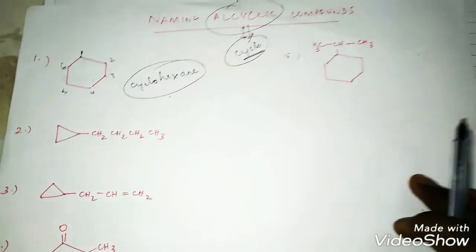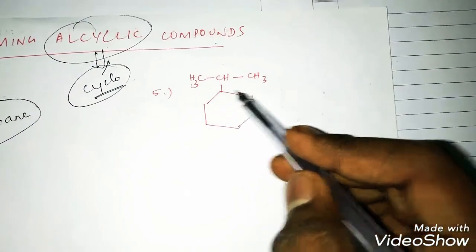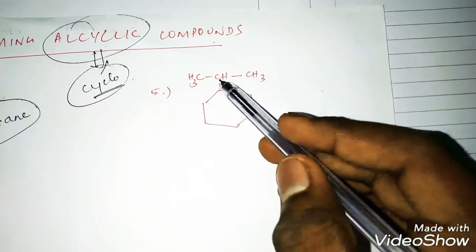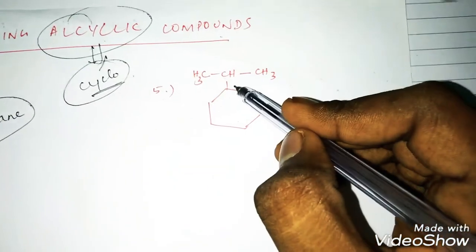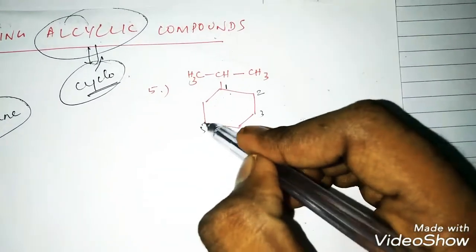Here is another example: the same ring attached with a substituent. This is the same cyclohexane ring with a substituent attached. So how do we number this? We number from here: 1 2 3 4 5 6.